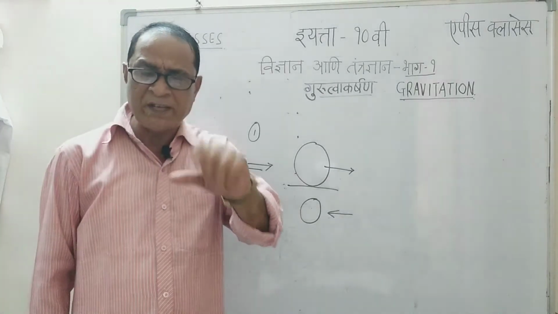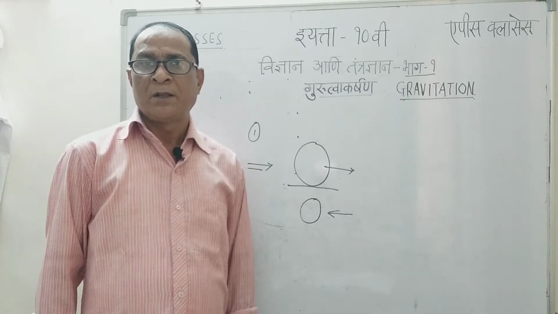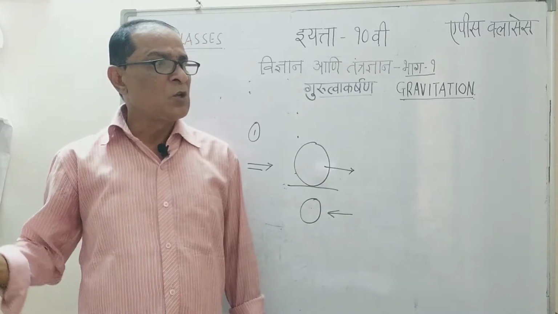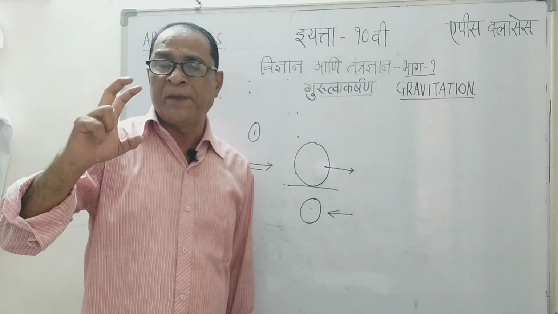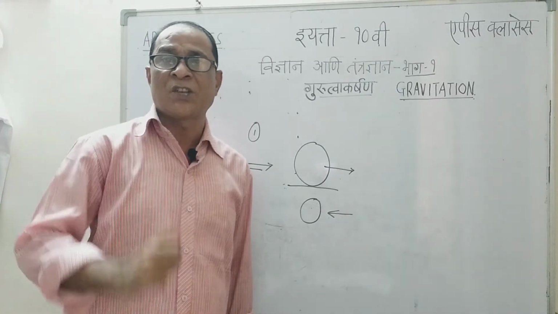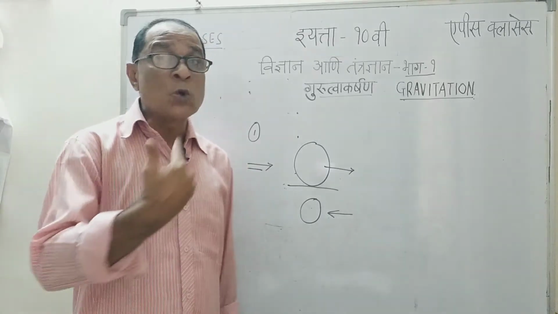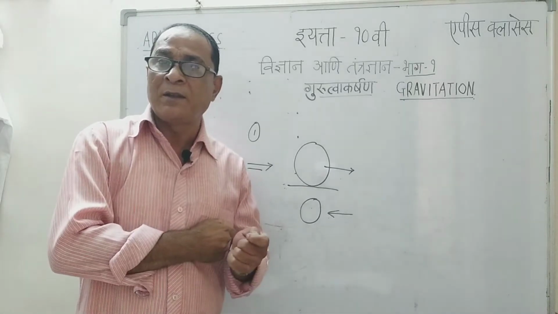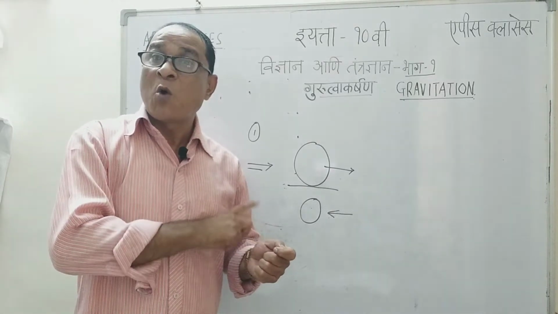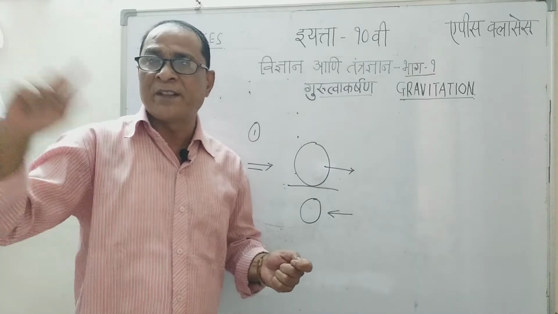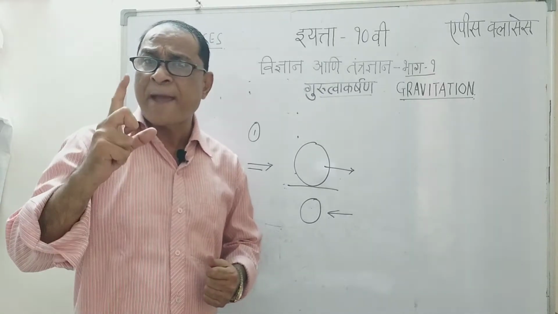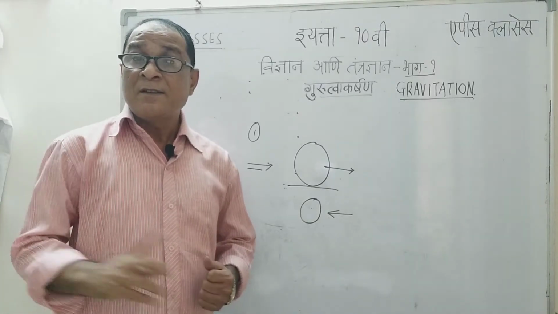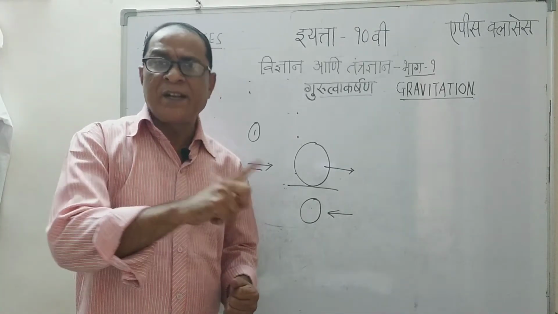For example, a very simple example: you've seen the cricket game. The bowler throws the ball at a particular speed and in a particular direction, towards the batsman. Now the batsman hits the ball. What is the result? The ball goes out of the stadium or somewhere in the stadium. From the angle of science, the speed has definitely changed.